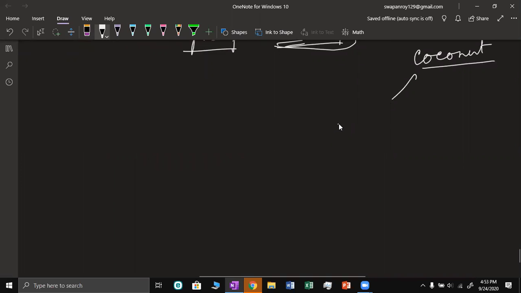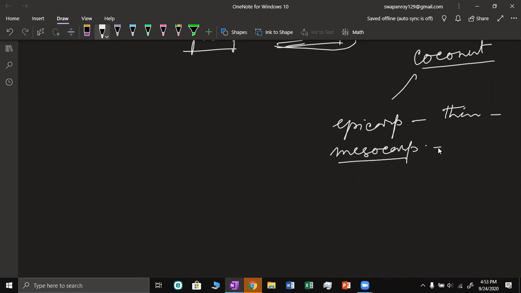The mesocarp is thick, that fibrous portion, the coconut fiber. And the endocarp is very hard, stony.